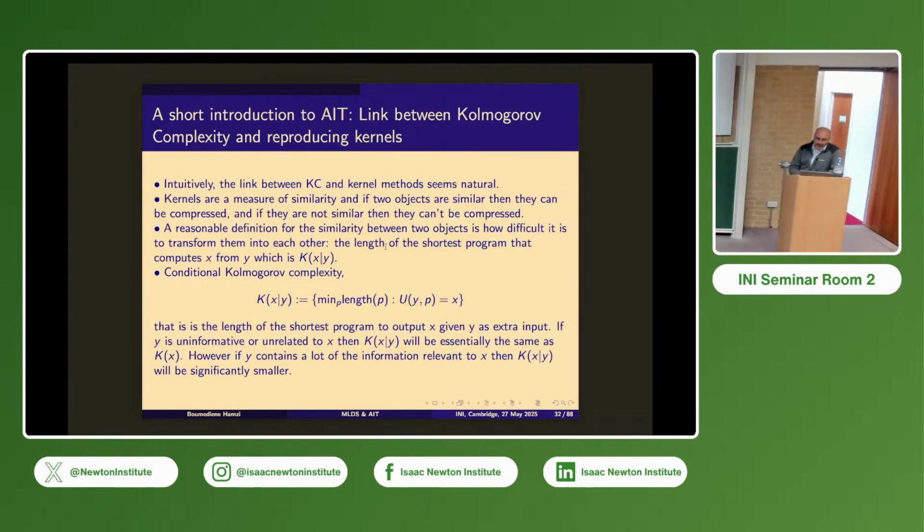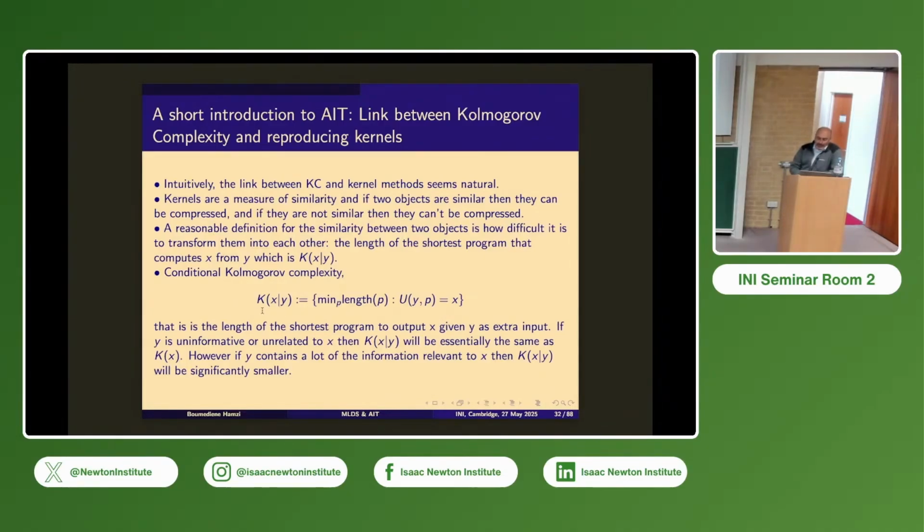This is what we have in the conditional Kolmogorov complexity. It's the length of the shortest program that computes X from Y. If we look at this definition, we could see a similarity already showing up, right? A reproducing kernel is a measure of similarity. Conditional Kolmogorov complexity is saying that if we have Y, what can we say about X?